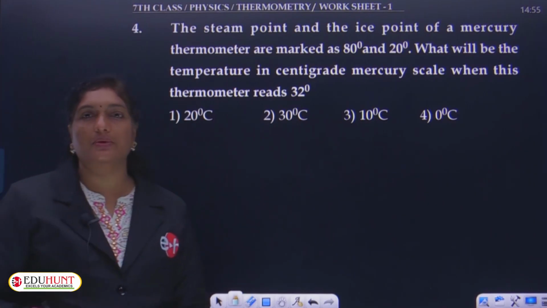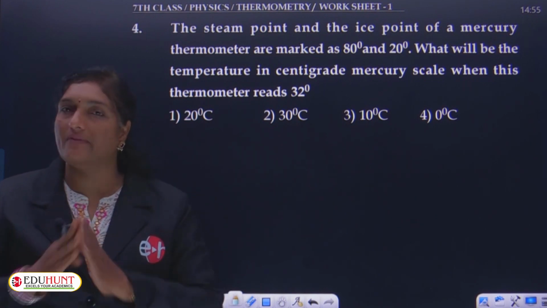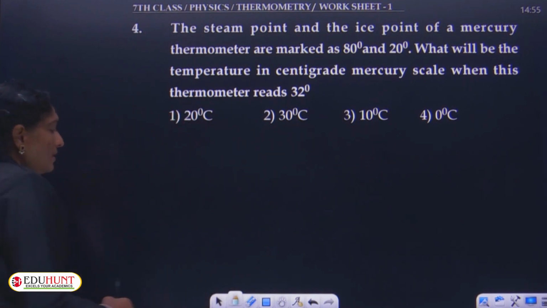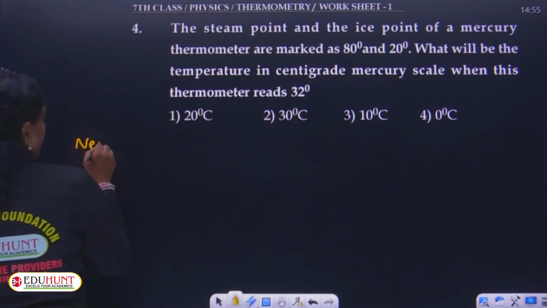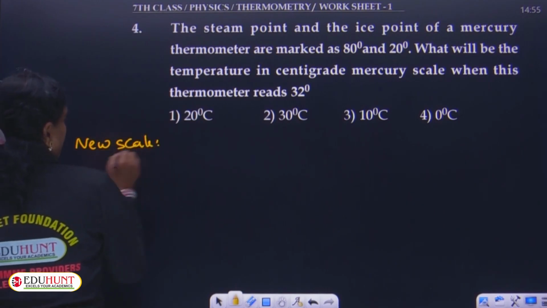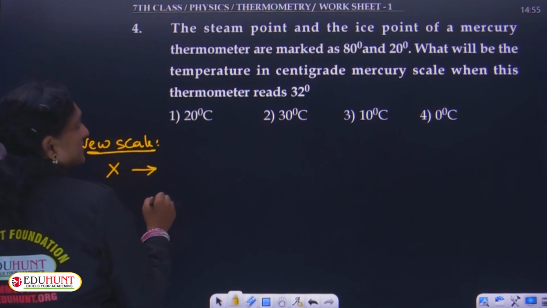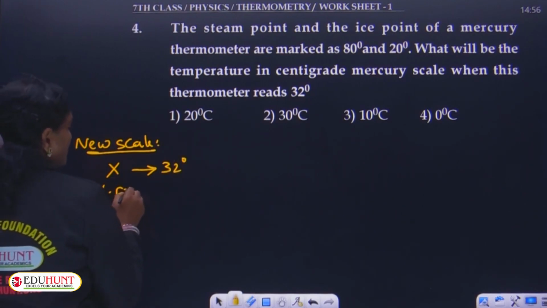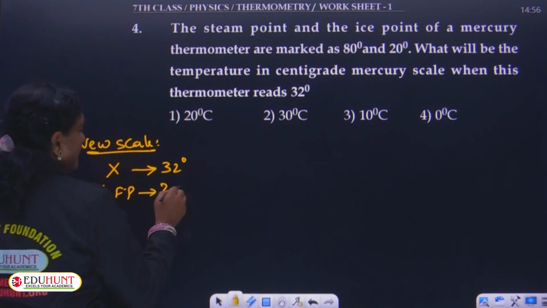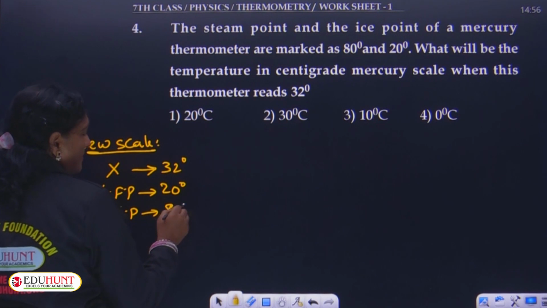But we know the concept that thermometric scale reading minus LFP upon UFP minus LFP always remains constant. For the new scale, let us represent it as some x, and the reading of x is given as 32. LFP is given as 20 degrees, whereas UFP is given as 80 degrees.